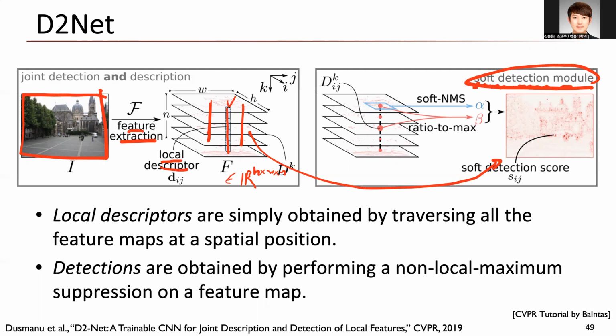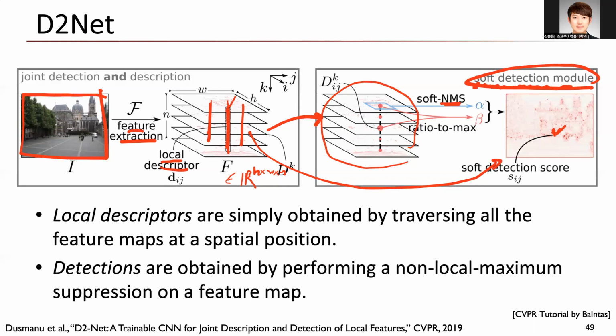In other words, by considering this tensor itself as a score map and using non-maximum suppression like this, we just extract the extreme point, which is going to be the feature point, and we already know the descriptor at this point. Then we can say that we jointly detect and describe the feature point.